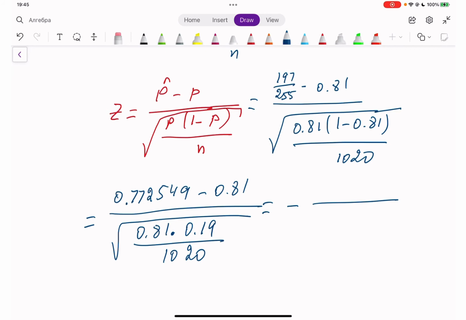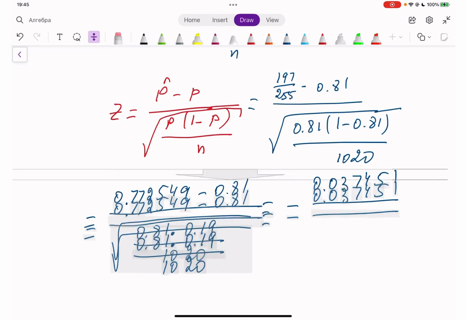So 0.81 minus 0.772549, and we are getting 0.037451.